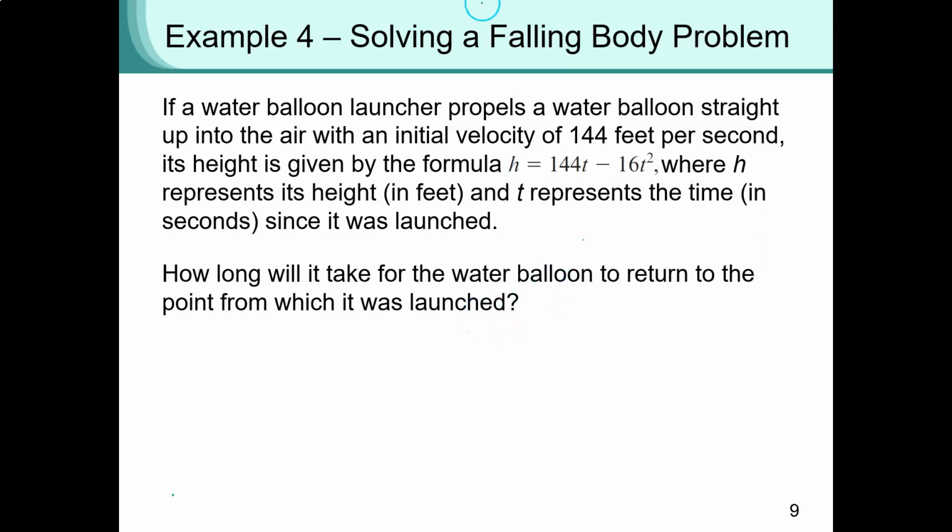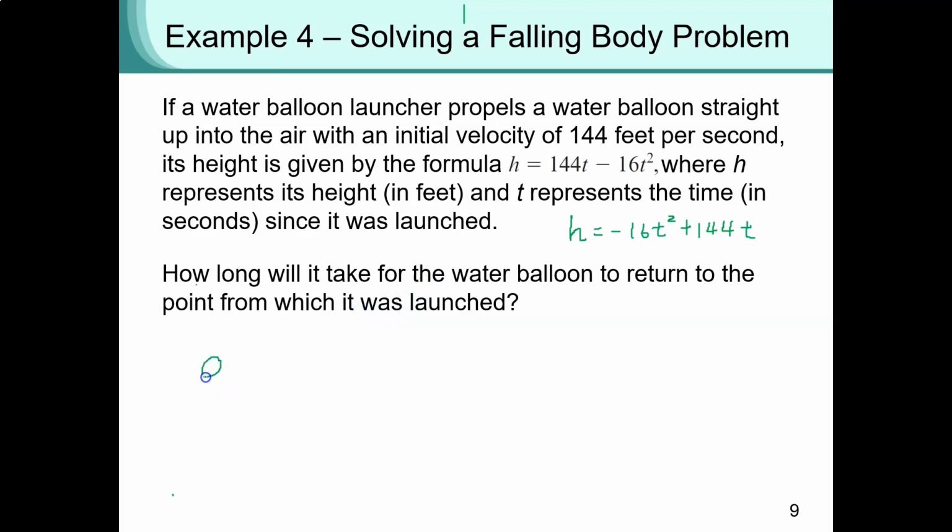So now we put the equation of this formula into this form. So we'll have h is equal to negative 16 t squared plus 144 t. So now we need to find how long it will take the balloon to return to the initial position where it was launched.